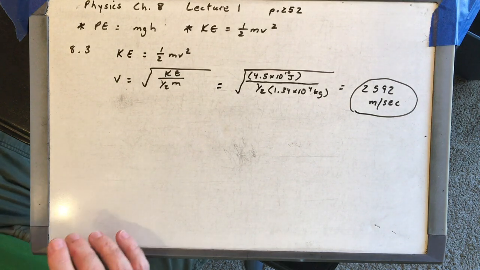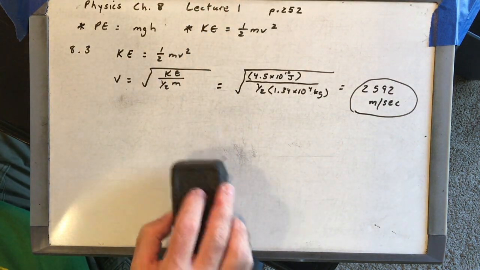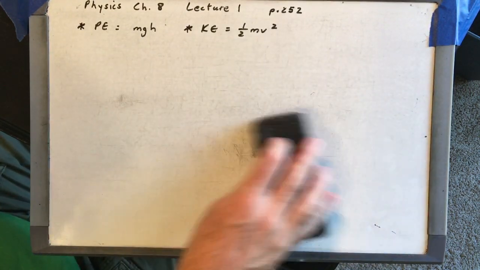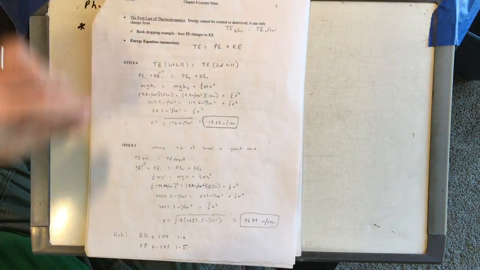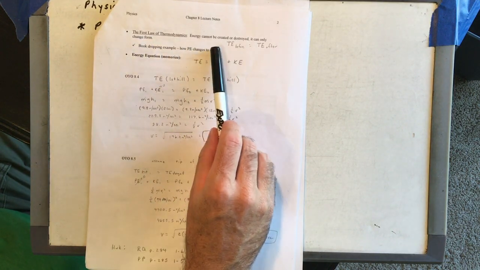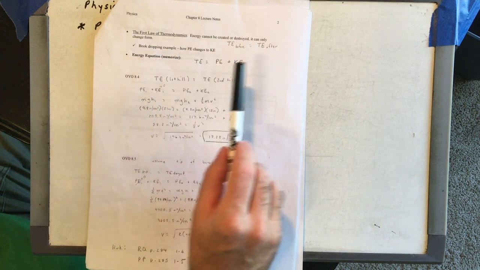And the next two problems are a little more interesting. So pause the video if you need to. I'll leave these two equations up here. So we're on page 2 of the notes. We're going to go to the bottom of page 2 and that'll be it. The first law of thermodynamics is energy cannot be created or destroyed. It can only change form.